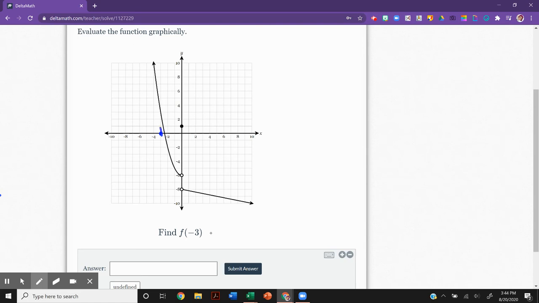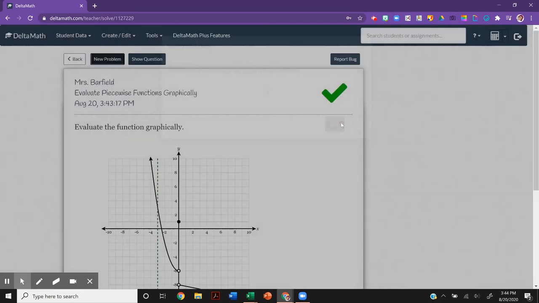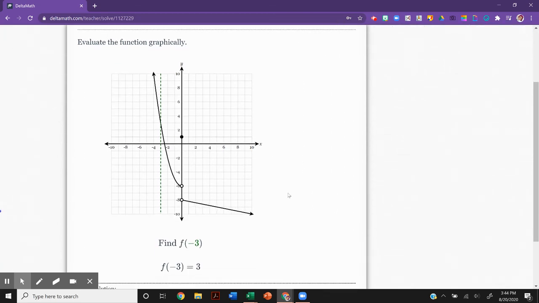So I go straight up. My function's right there. And then all I have to do is look across at the y-axis. Well, that's at 3. So that's my answer. So y equals 3. I type in 3, submit, yes, got my green check.